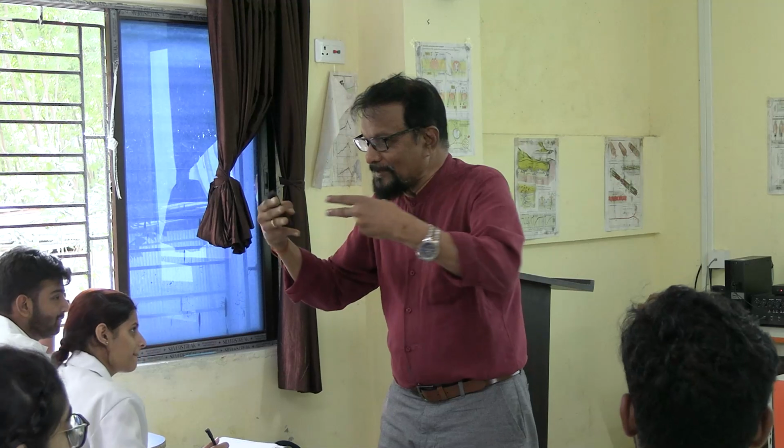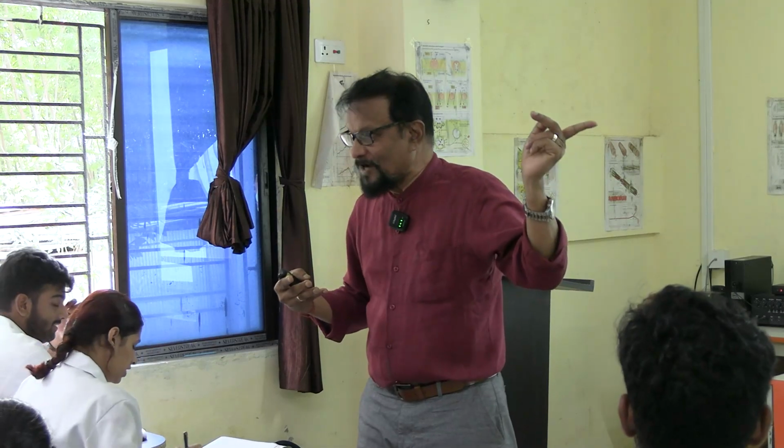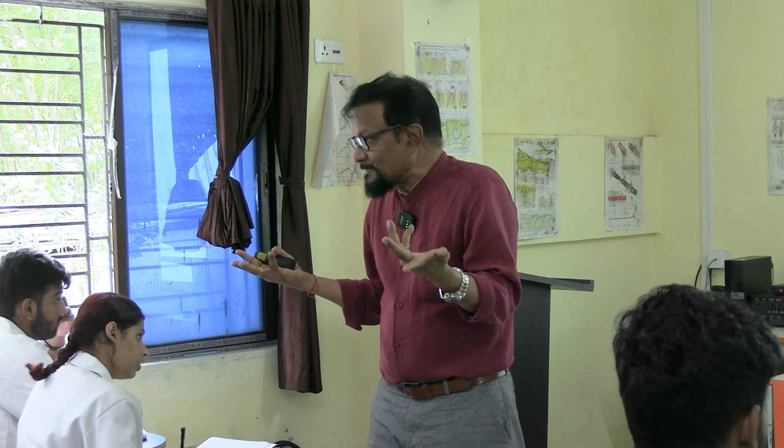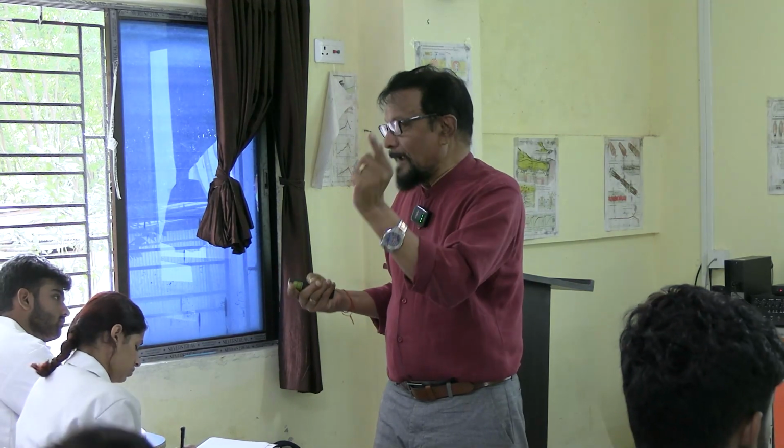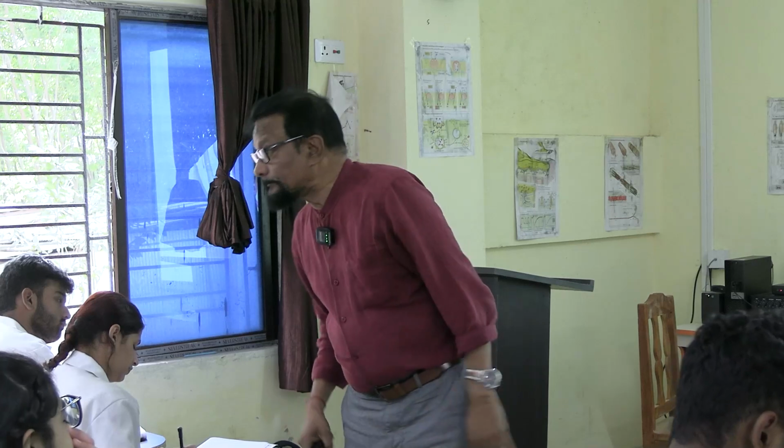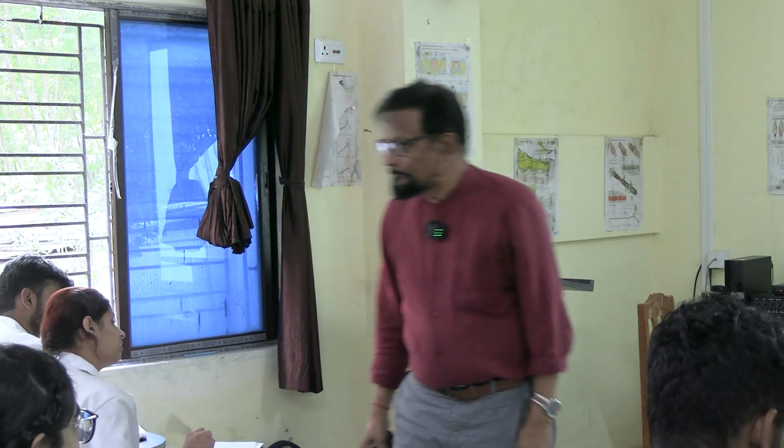This way, an AV shunt is made. This is nothing but an AV shunt, an arteriovenous shunt, without formation of capillaries. So arterial blood can directly come to the vein. Sir, then what is the purpose of these shunts?